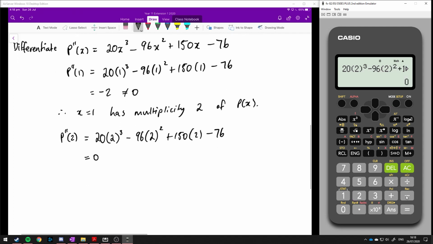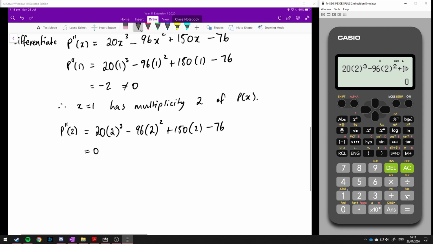Now, if we were to find the third derivative and do the same thing, 1 would not give us 0, and 2 would also not give us 0 in this case, and you can test that if you want. But that means that x is equal to 2 has multiplicity 3 of p of x.